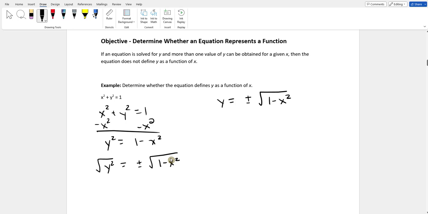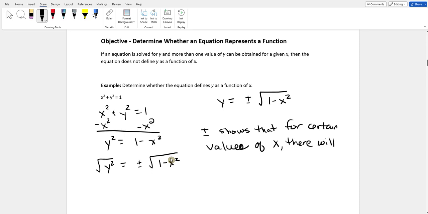Since we have a plus or minus here, this shows that for certain values of x, there will be two values for y. So that means that this is not a function.